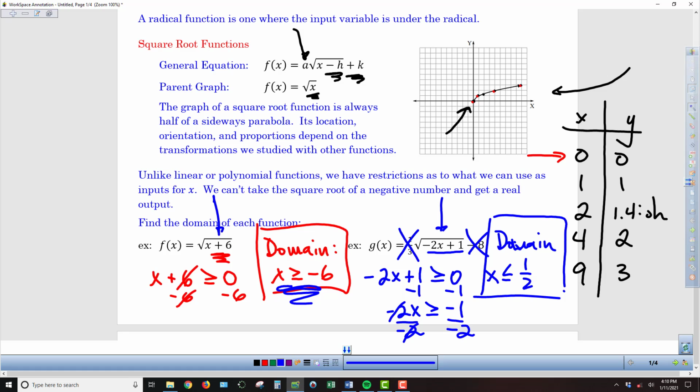But if I picked a number that was smaller than -6, like -10 for example, -10 plus 6 equals -4, and if I try to take the square root of -4, I'm not going to get a real number. And when we're graphing functions, we want to make sure that all of our outputs are real. So therefore, we have restrictions on our domain. We have limited values for x that we're allowed to plug in to make that happen.